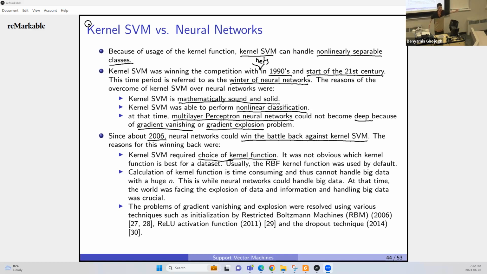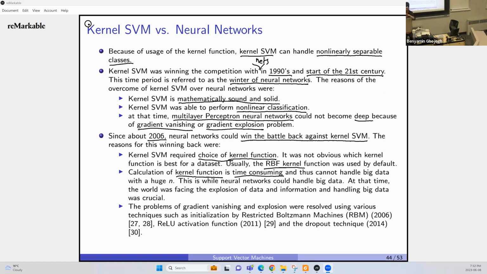But neural network does it all itself. It doesn't have any choice of kernel. So it was not obvious which kernel function is best for a data set. Usually RBF kernel was used by default. Calculation of kernel is another issue of kernel SVM. Calculation of kernel function is time consuming. Why? Usually it is symmetric, right?